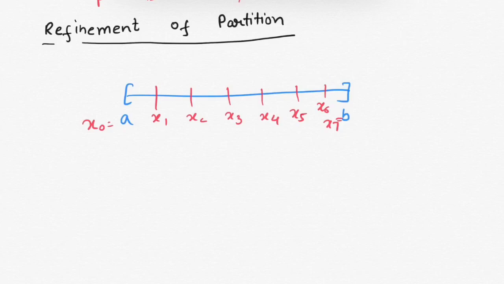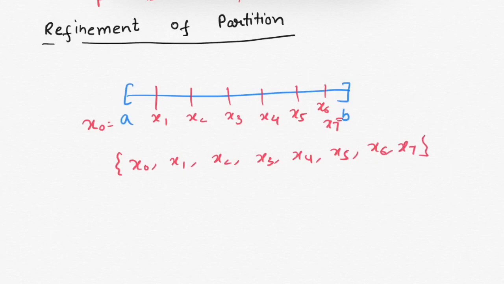Then the set {x0, x1, x2, x3, x4, x5, x6, x7}, this set P, is known as a partition of interval [a, b].